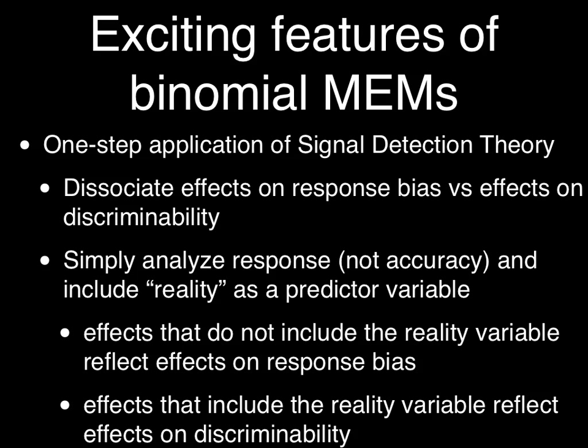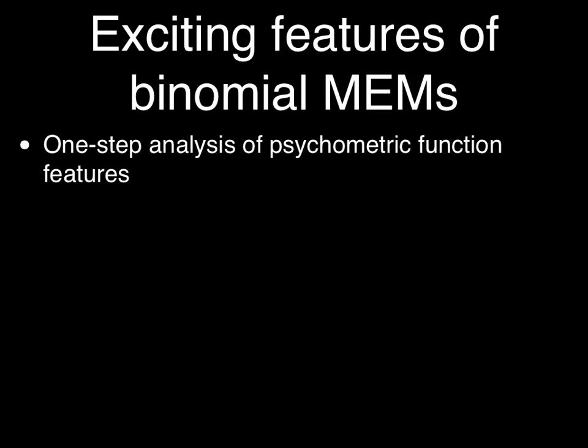Insofar as the main effect of reality on response indicates their overall discriminability, if you find that condition interacts with that, it specifies that condition actually affects discriminability. So you don't have to do all this manual calculation and separate analyses for the separate parameters of the signal detection model. You can actually analyze them all within a single mixed effects modeling framework, which I found nice and elegant.